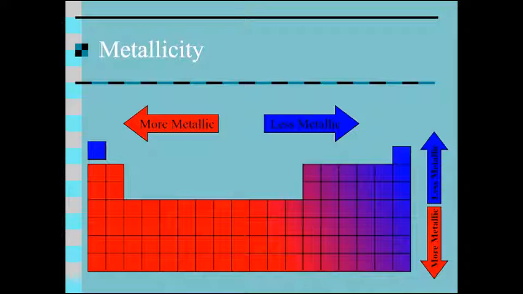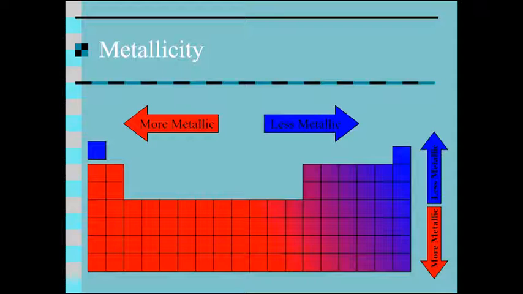Metallicity or metallic behavior of elements along the periodic table. Towards the left side, the metallic character increases, and group 1A elements are most metallic in nature because they can easily lose electrons. Towards the right side, in a period when we go from left to right, the metallicity decreases, and this depends upon the lesser tendency of atoms to lose electrons.